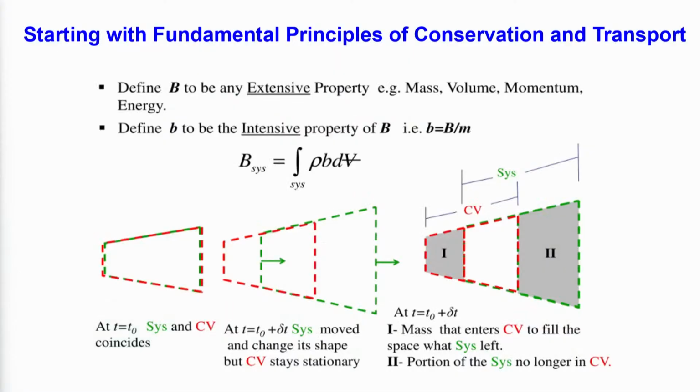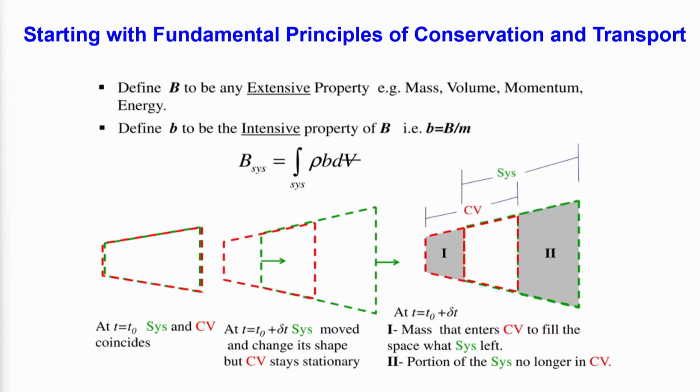But after some time, at time equal to T0 plus delta t, the system, which is the Lagrangian concept, has moved to the new green line. If we now consider the intersection of the initial configuration of the system and the subsequent configuration of the system, the common part, we call it the control volume.